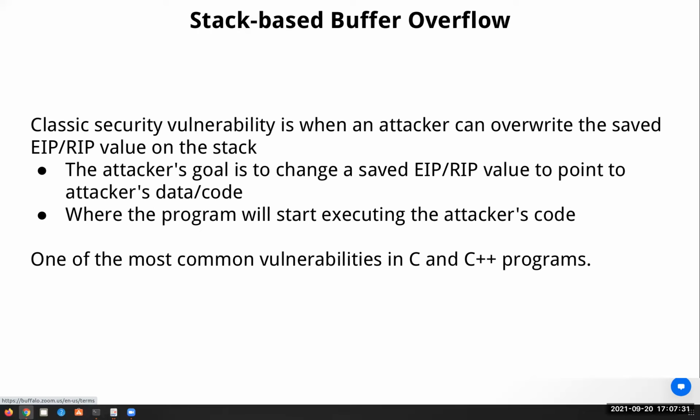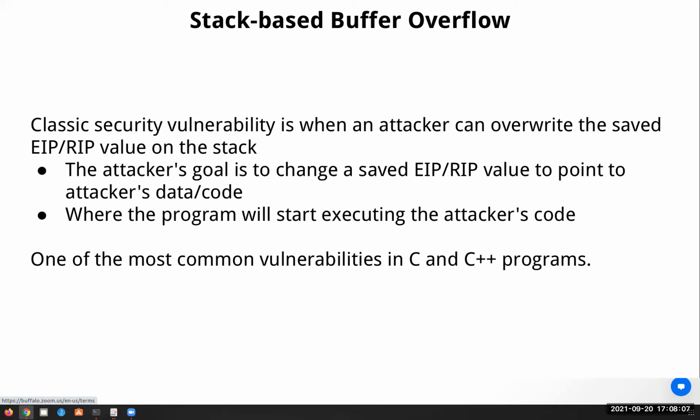The problem we're looking at today is a classic security vulnerability. This is actually what Robert Morris did 30 years ago to attack several FTP servers, something like that. The attacker's goal is to change the saved EIP or IP, the return address, to point to the attacker's code.